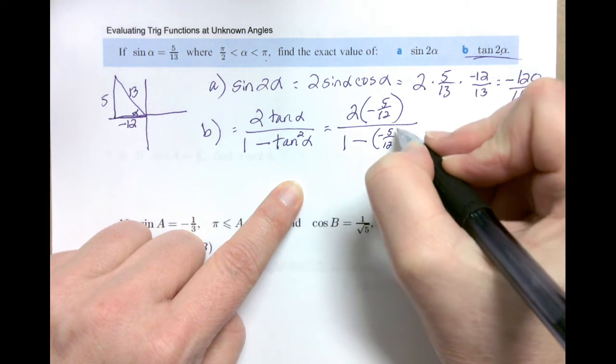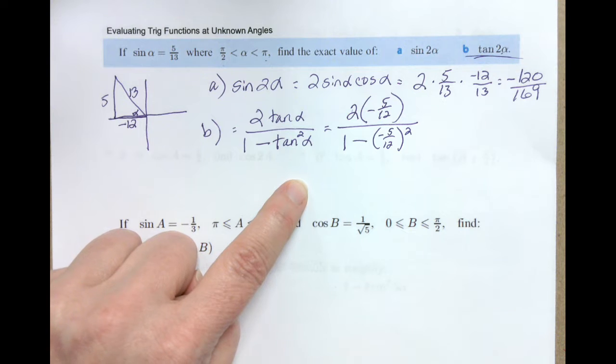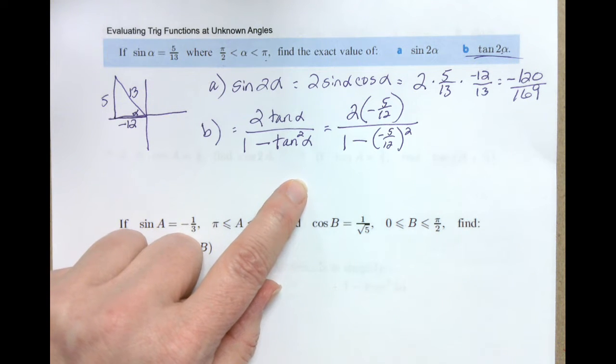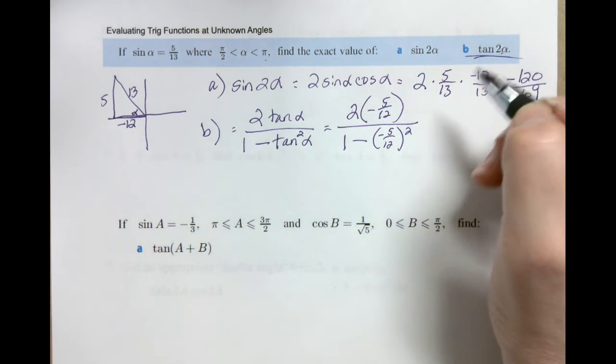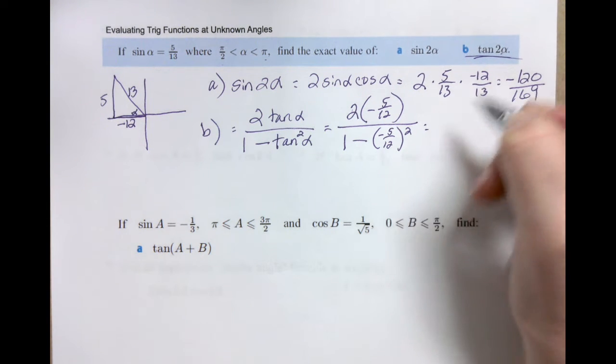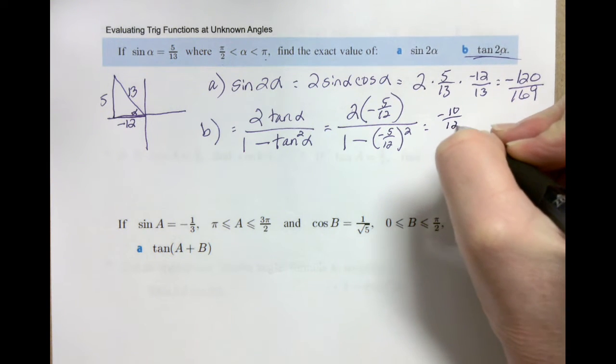That is how squaring works numerically. If you did not understand the whole sine squared theta idea, that's what it is, only it's tangent squared theta. So that's negative 25 over 144 on the bottom.